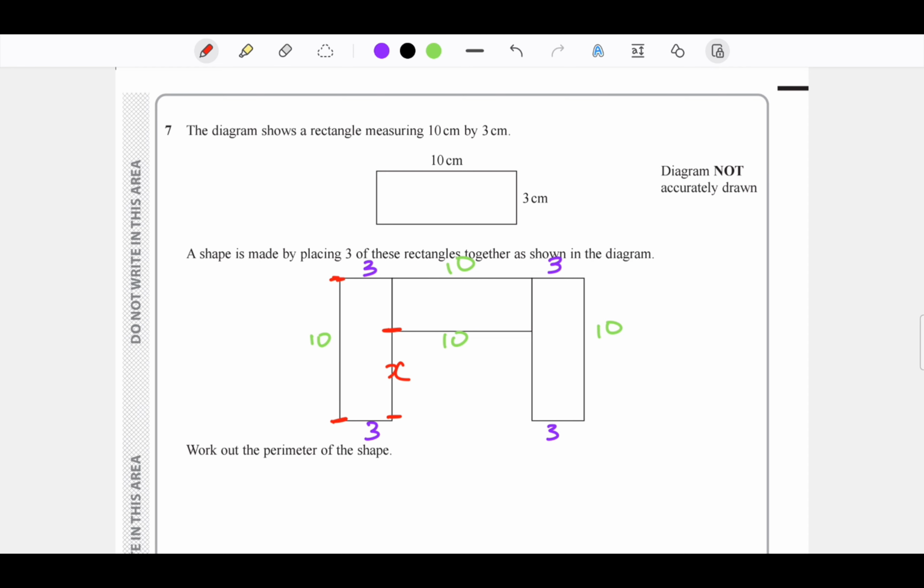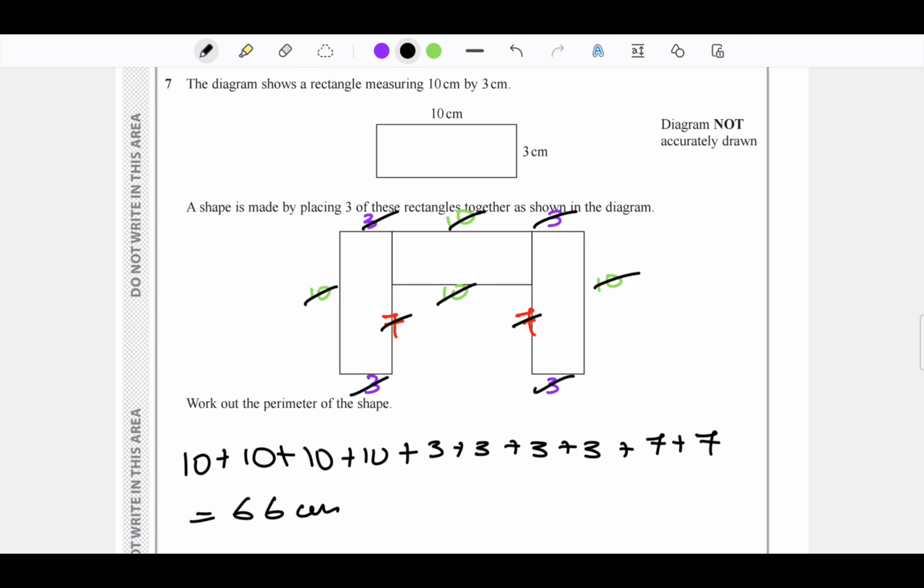X would be 10 minus 3, which is 7. Therefore this would be 7, and so will this side. So now we just need to add all our numbers and get our answer. Just like that we get our answer of 66 centimeters. Make sure you don't leave out any of the numbers. A good idea would be to tick off all the numbers that you have done.